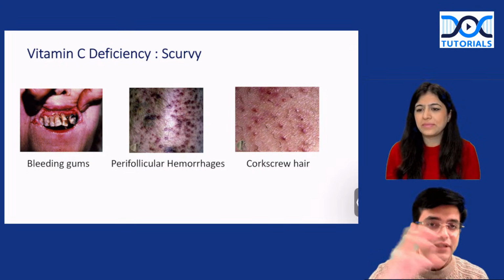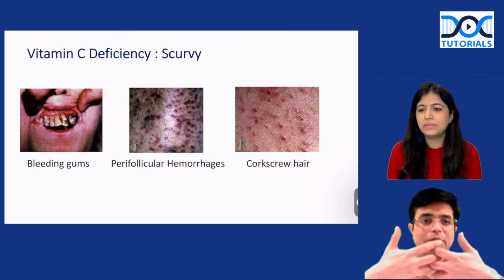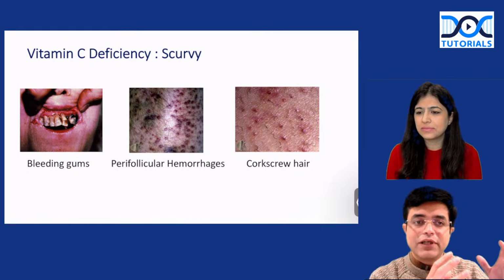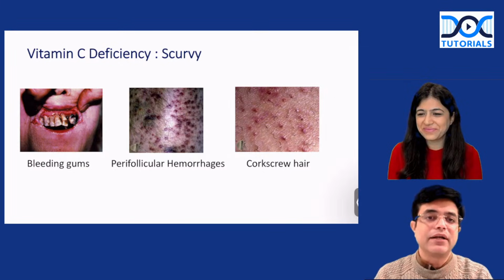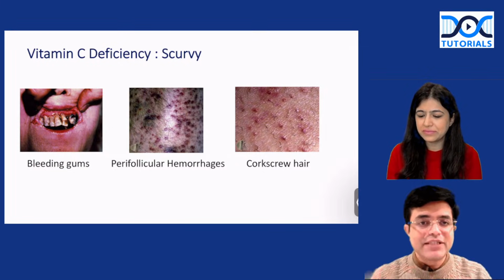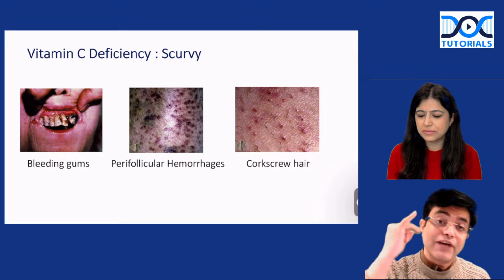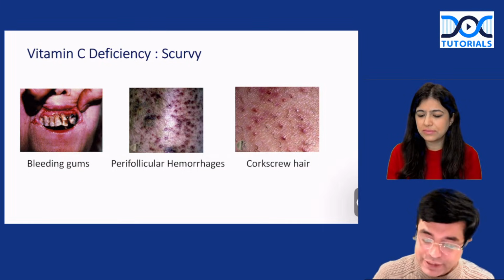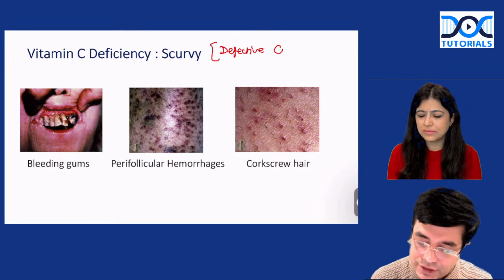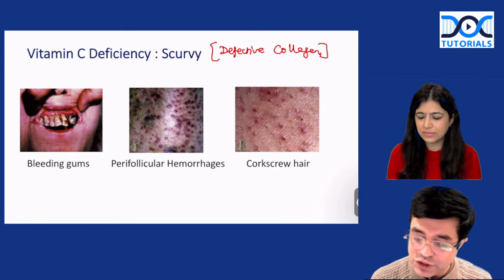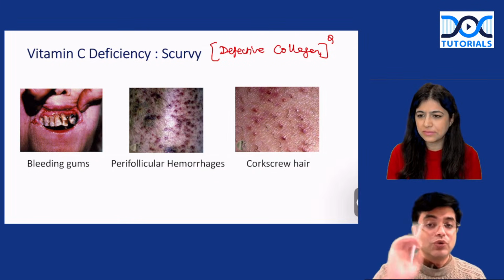When hydroxylysine and hydroxyproline are formed, they form hydrogen bonds and convert procollagen into the mature, adult, strongly interlinked collagen. Imagine vitamin C is not there: weak, defective collagen will form. Defective collagen is the mainstay of most manifestations occurring in scurvy. This is your INI-CET MCQ 2022, number one.